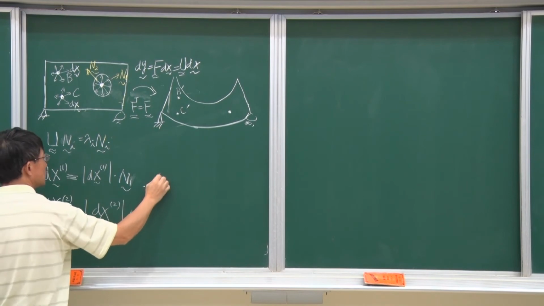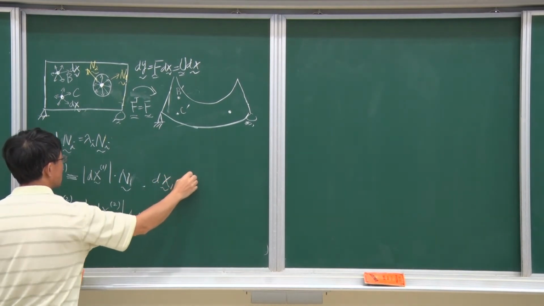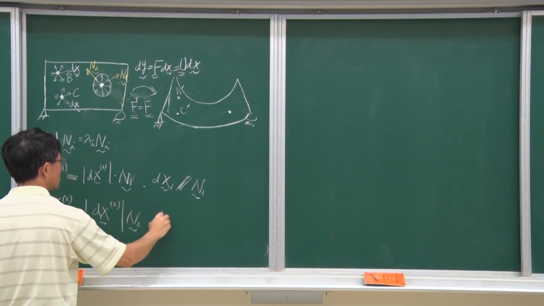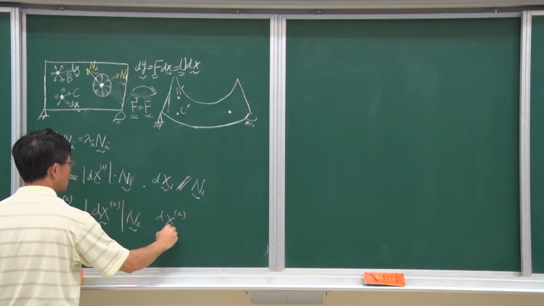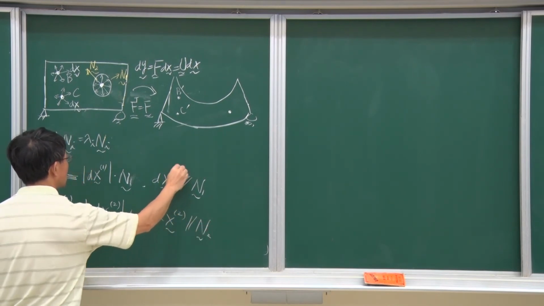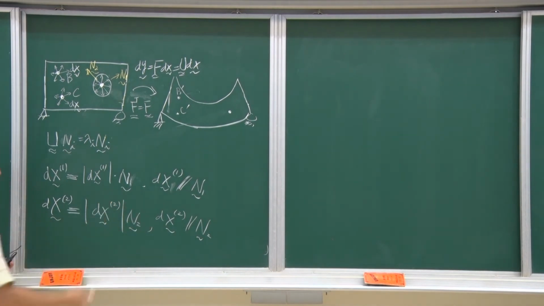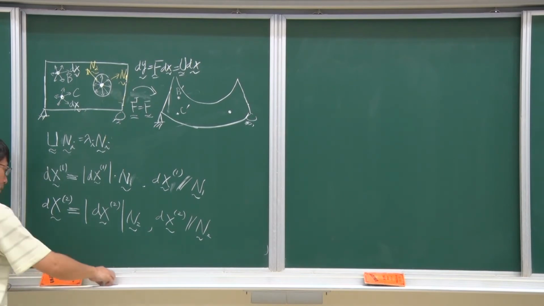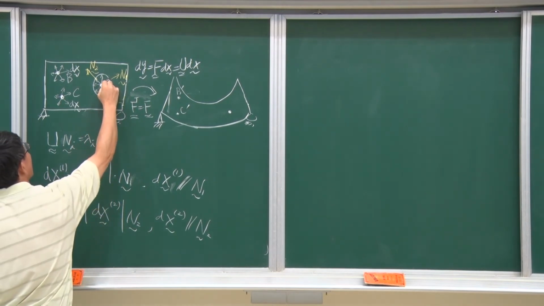These two material lines, because they have the vector N1, are of course parallel to the eigenvectors N1, N2. See here.